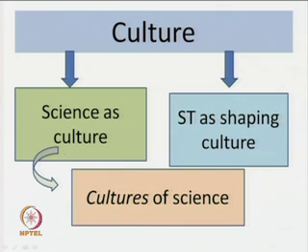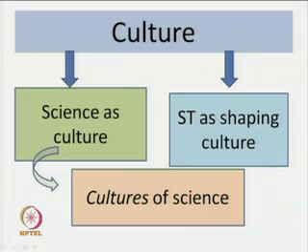So, doing science becomes a way of life with its own practices, its own codes and meanings, its own vanguards, so to speak, and its own watchdogs. So, science as culture is the first way of looking at science by cultural studies.